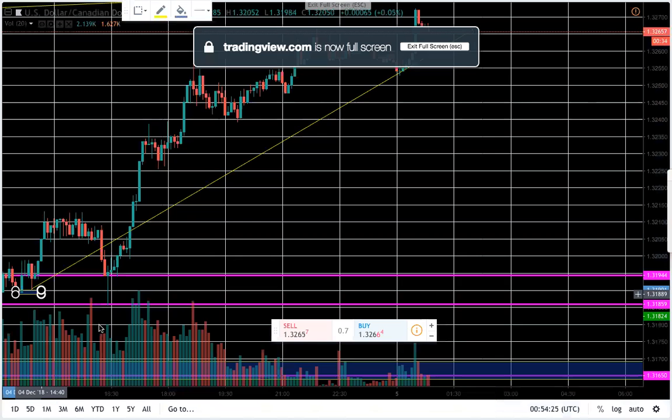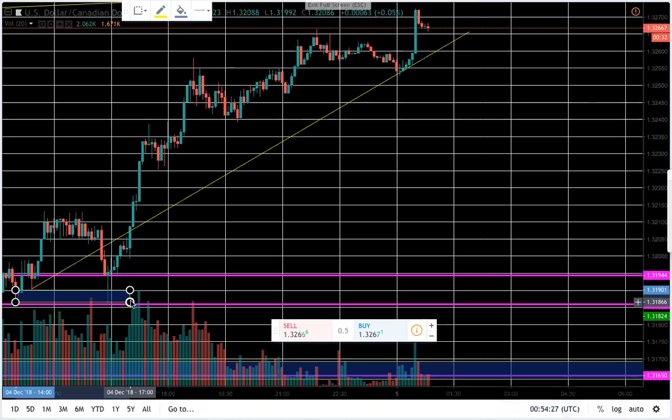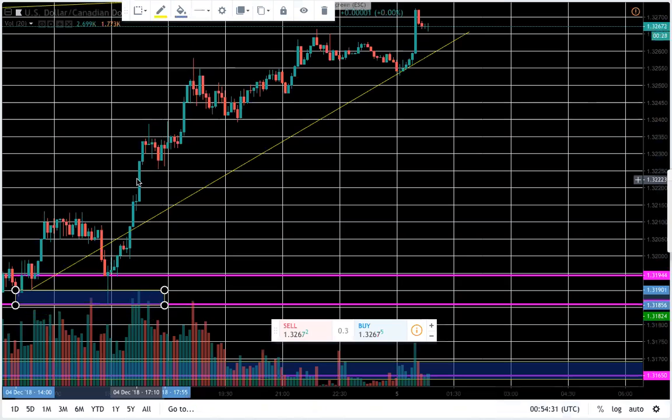So that means you really would have caught the whole move up, and you could have been sitting in this. It doesn't have to be a big lot size because this is a swing trade now. Swing trading is when you're sitting in your profits all day and you're just watching your profits go up because you know it's going to go up all day.